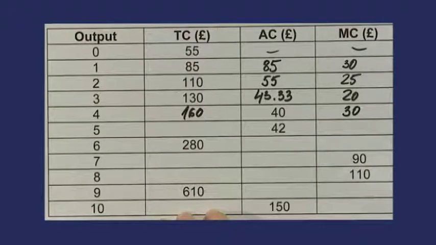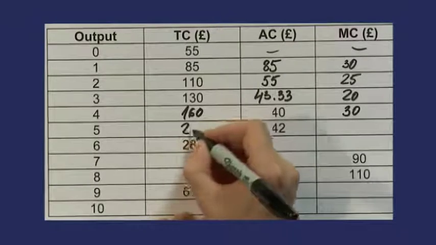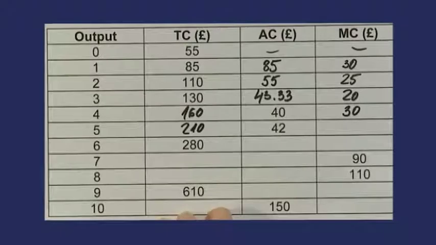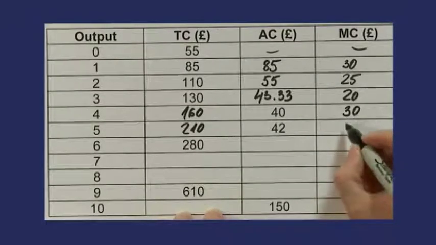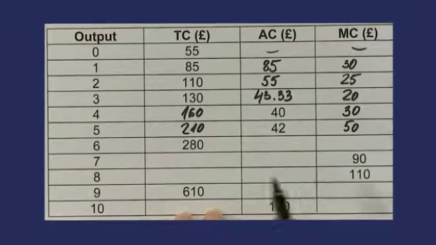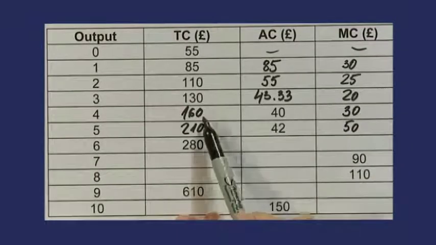For the fifth unit of production, average cost is 42, and we do exactly the same. We multiply 42 by 5 and we get 210 for total cost, and marginal cost is rising. It is 50, the difference between 210 and 160.